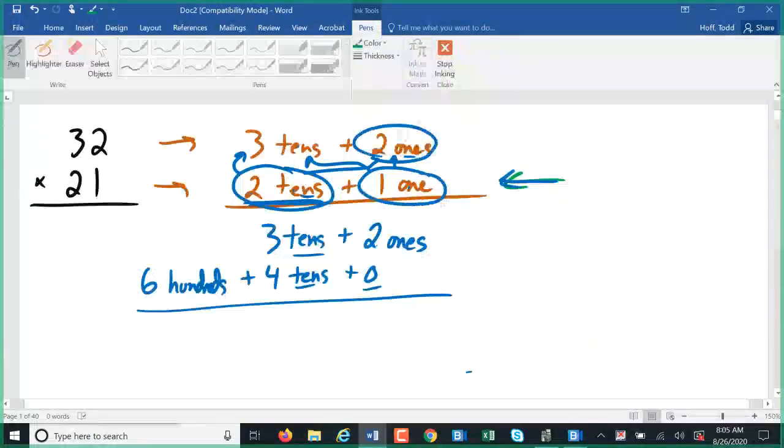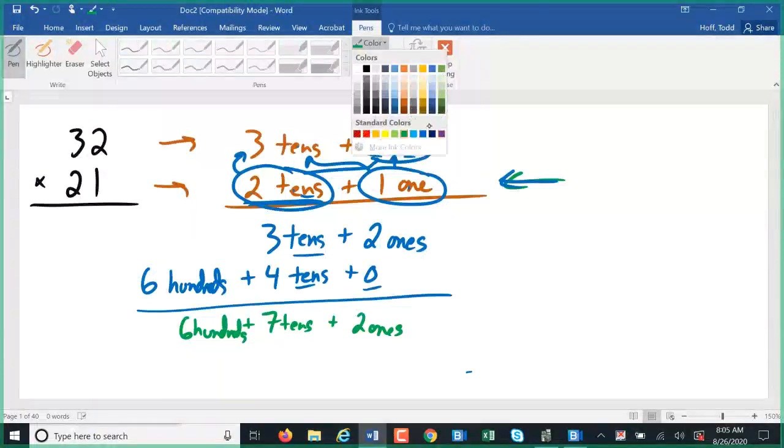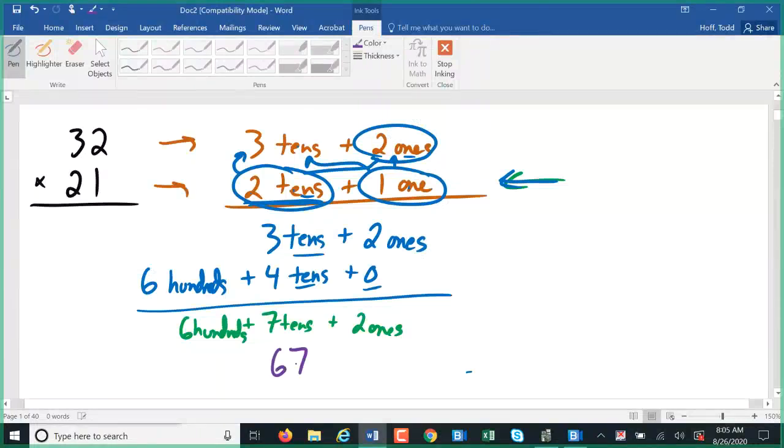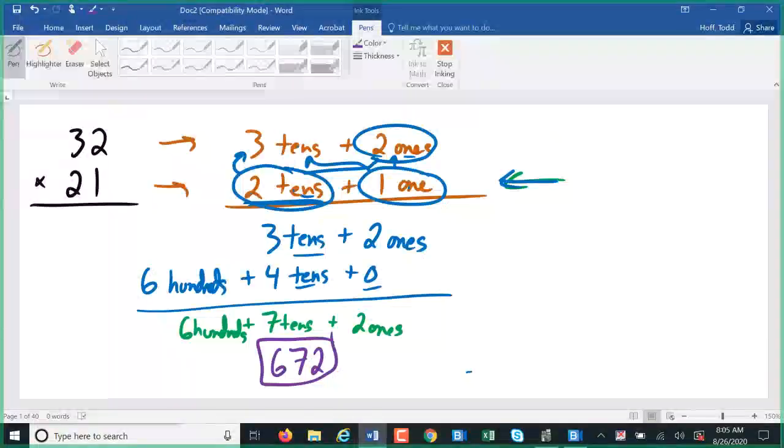And then we go ahead and combine. 2 ones and 0 ones is 2 ones. 3 tens and 4 tens is 7 tens. And the 600s. So we get 672. Now again, I realize you have a calculator and you're going to punch that in, and I don't blame you.